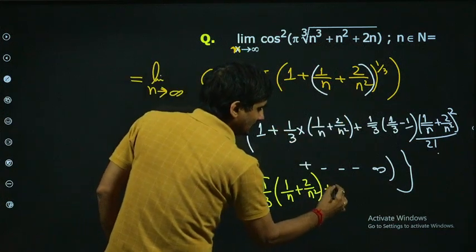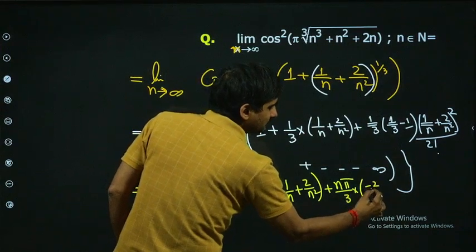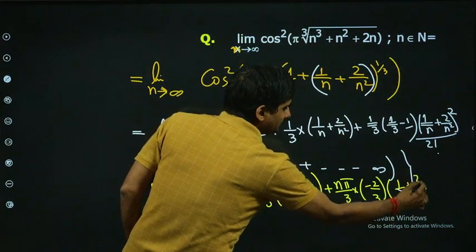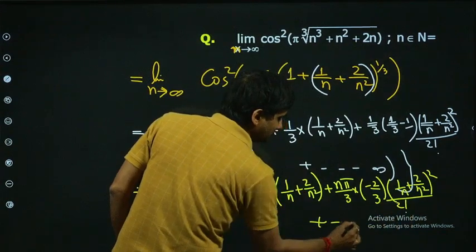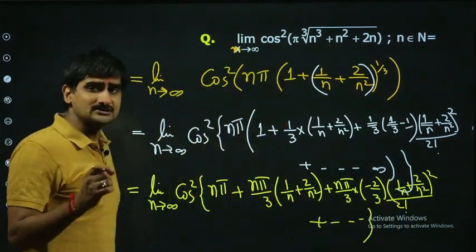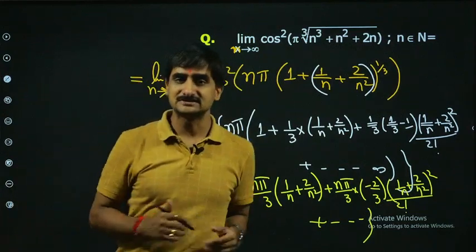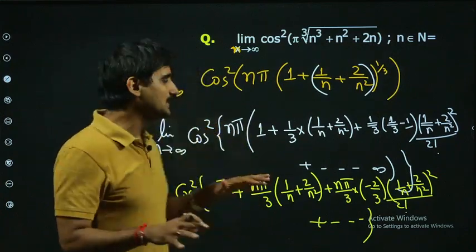Okay, so n pi by 3 into minus 2 by 3 into 1 by n plus 2 by n square whole square by 2 factorial, and so on and so on. Now n is a natural number, cos square of n pi plus theta, since it's square, whether n is even or odd won't make any difference.